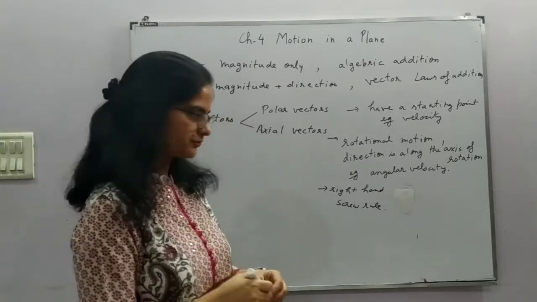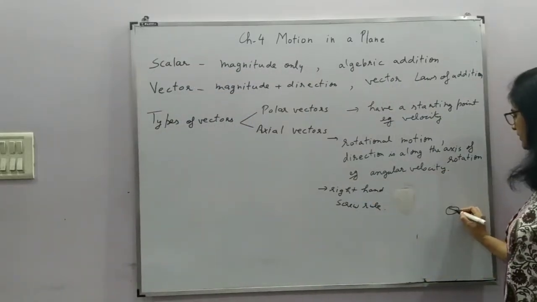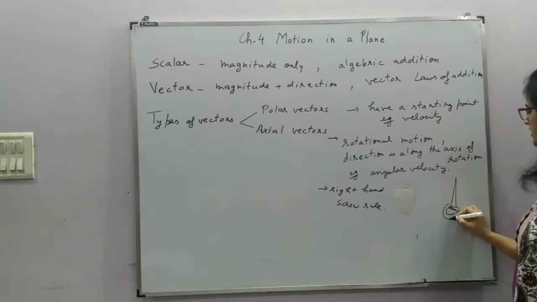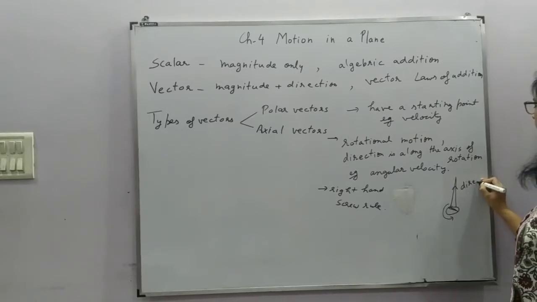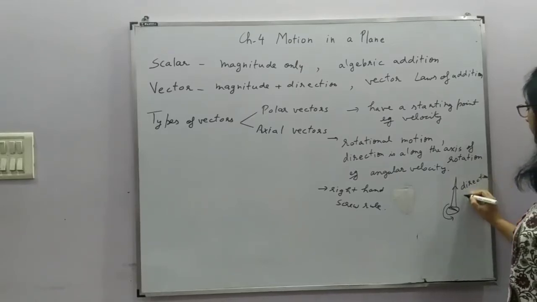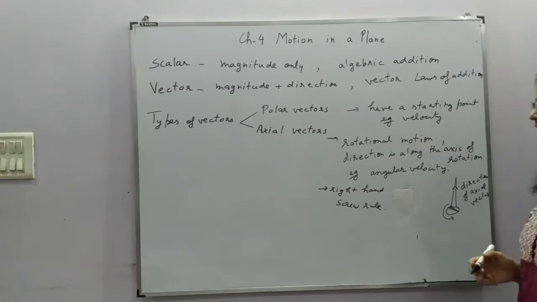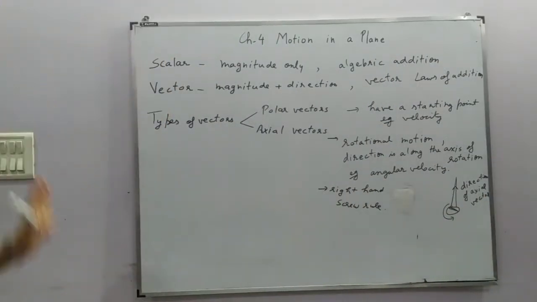That means if we have this right hand screw like this, right? So this is the sense of rotation. So this will give the direction of axial vector, right? So this is about the types of vectors and the types of quantities.